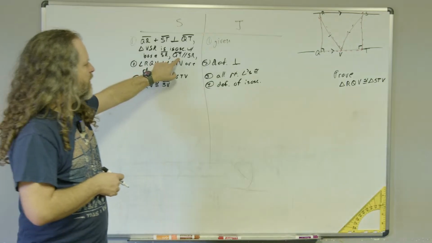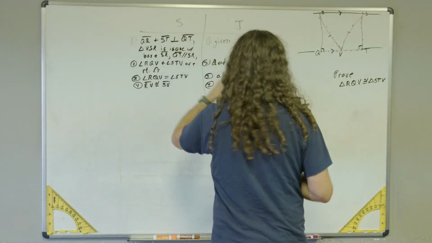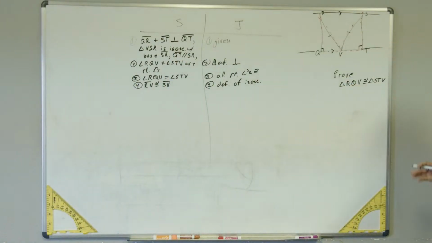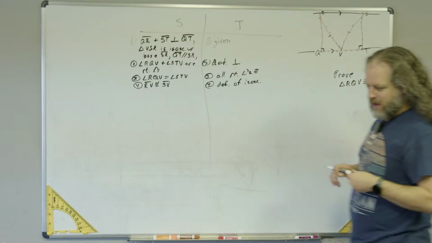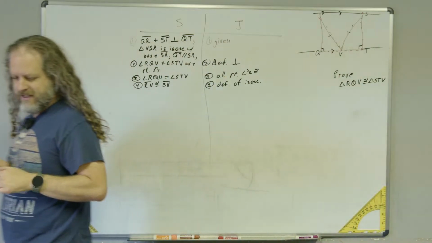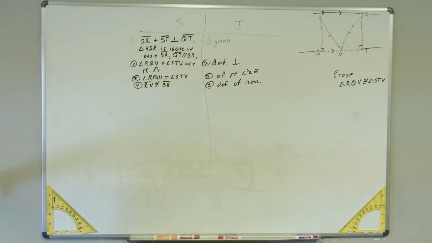So we use this. This gives us all kinds of stuff. The fact that they're isosceles also tells us about another angle too, which we may or may not want to use, but it does tell us something. What else does it tell us about the isosceles triangle? Q isn't in the isosceles triangle.